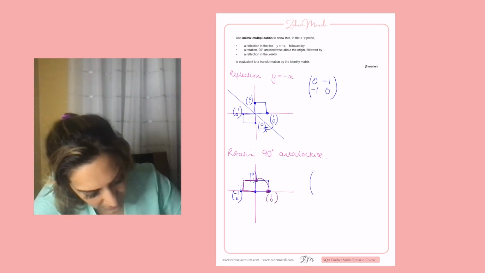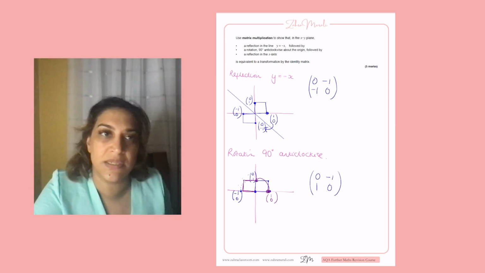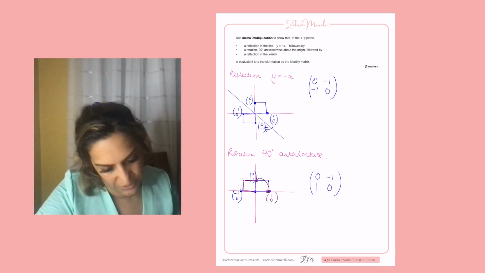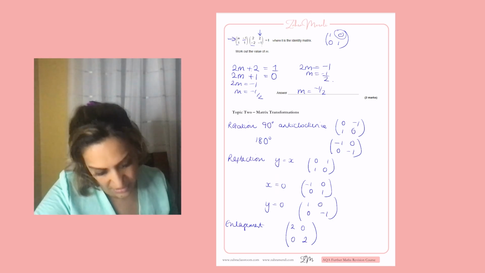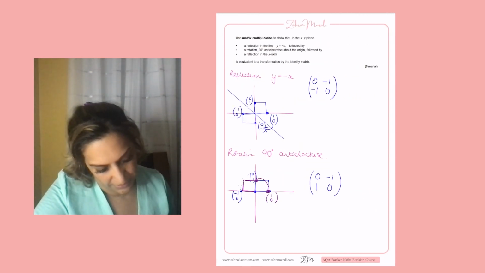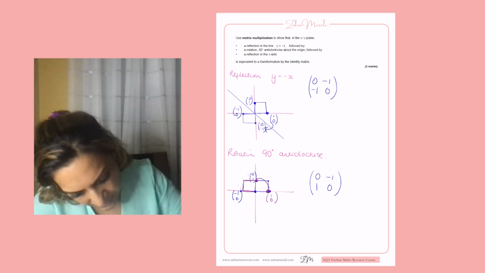So you say 1, 0 becomes 0, 1, and 0, 1 becomes minus 1, 0. And that's the same as that. If you have a look, that's the same as what we said over here for a rotation of 90 degrees anti-clockwise. Okay, then we've got a reflection in the x-axis.